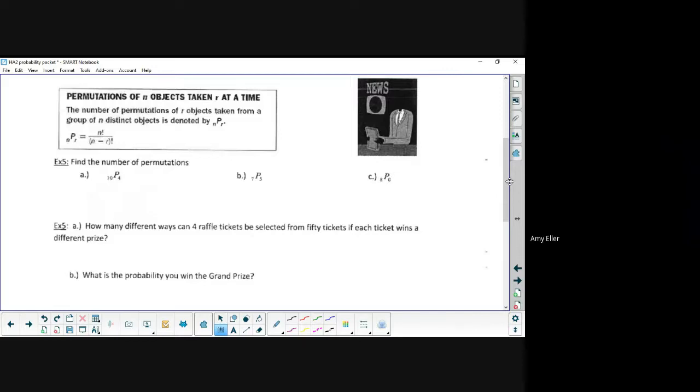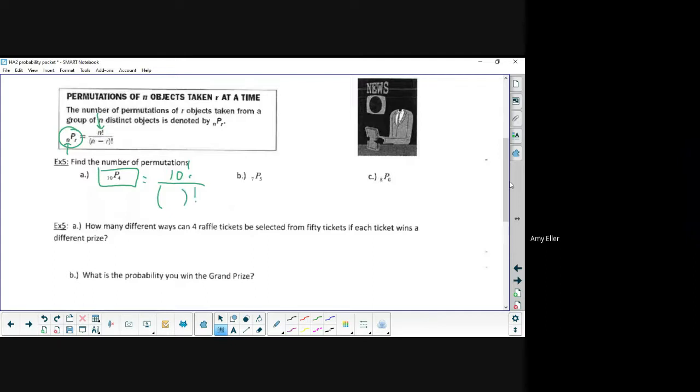So let's look at this first example. If it says 10P4, here's our formula to go off of right here. It says to do n factorial. What is our n value? It's the first one, so 10.